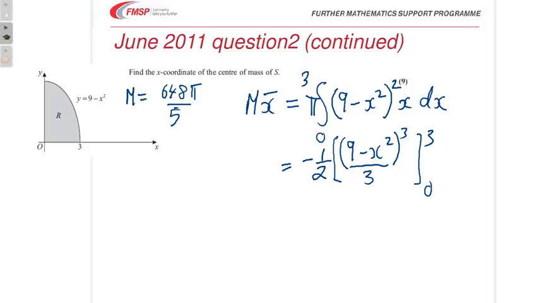When you put the values in there, you get minus a half, minus a sixth, if I take the 3 out as well, of 0 is the top limit, minus 9 cubed is the bottom limit.